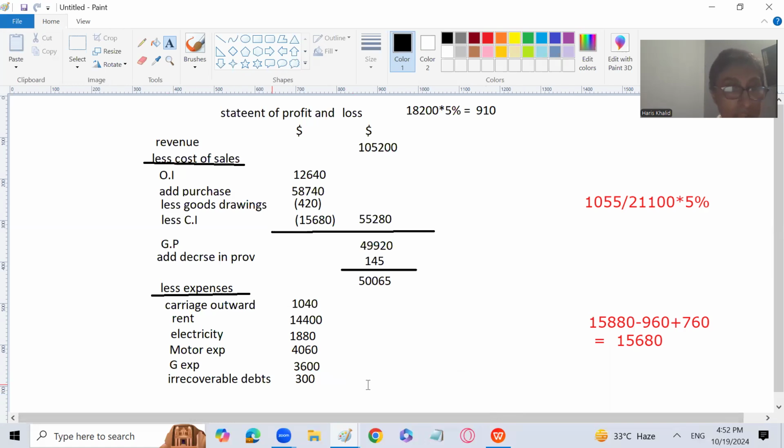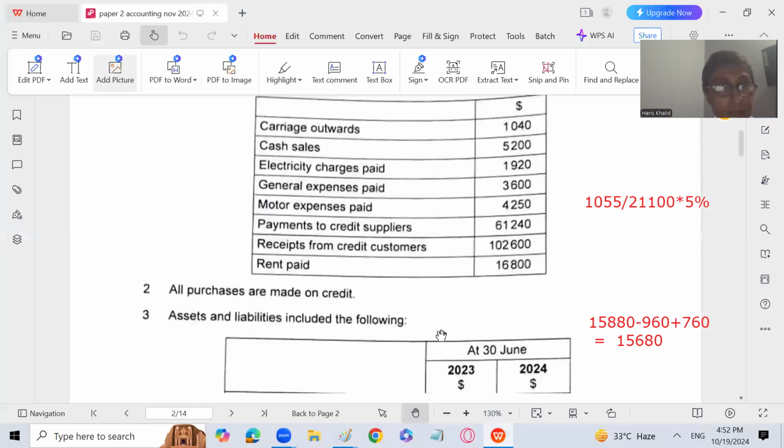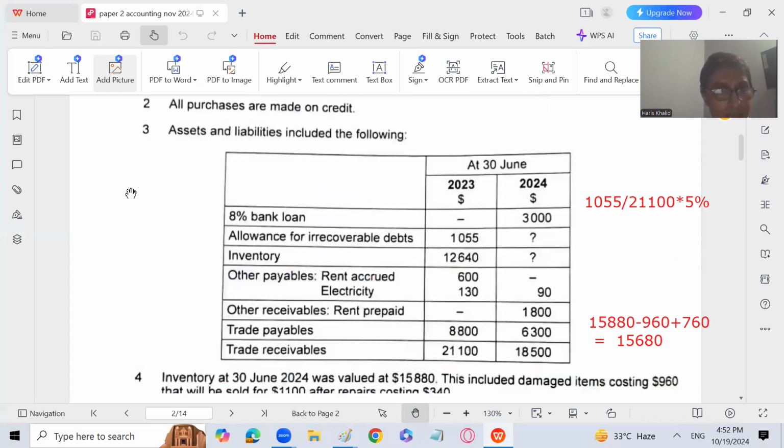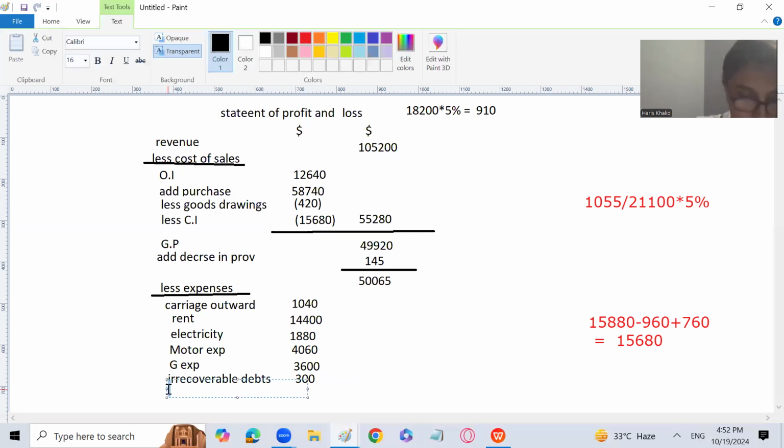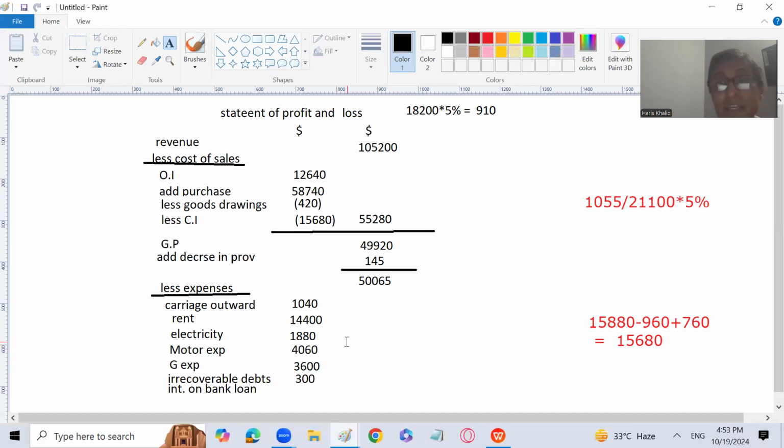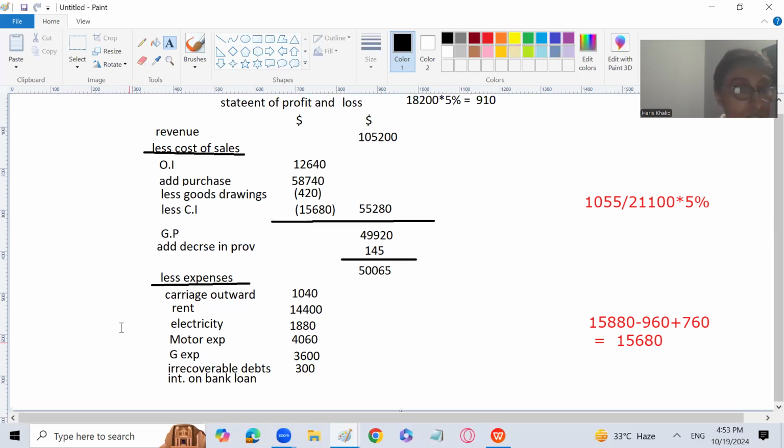Now I'm going to write the interest on bank loan, maybe 8% bank loan, 3000. So the interest on bank loan is also our expense, so I'm going to write it here. How am I going to calculate it? I know that the bank loan is 3000 and the loan was taken on 1st April, and our financial year ends on 30th June.